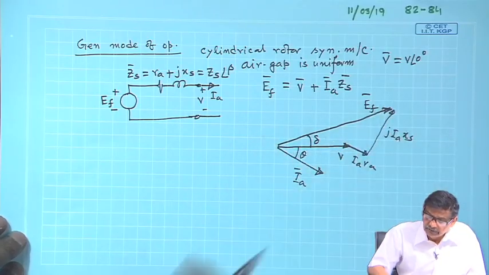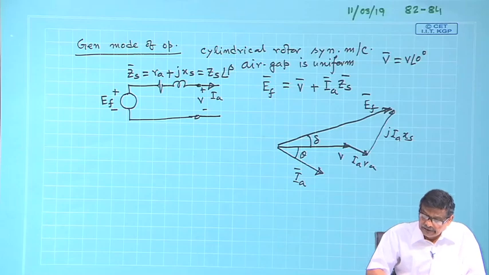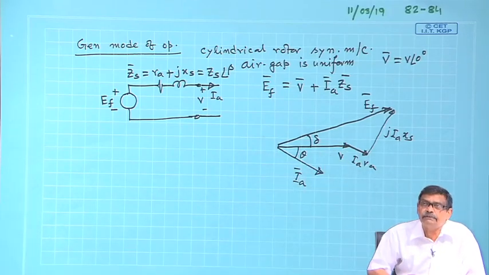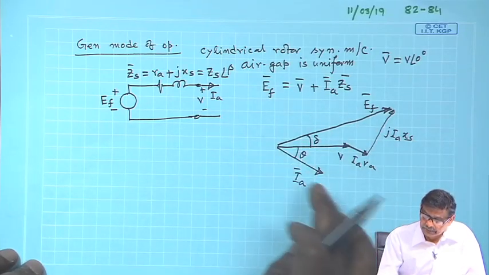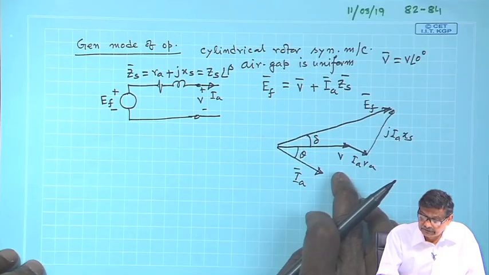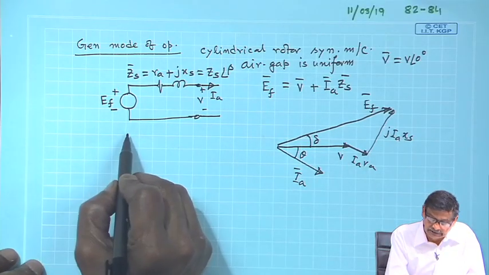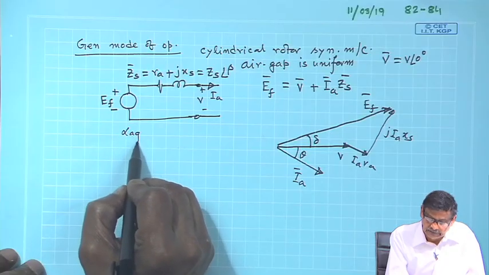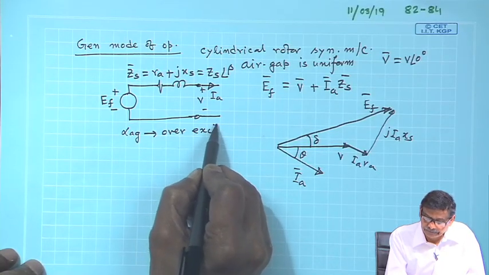The length of E f is a measure of the field excitation, and the length of V is a measure of approximately the resultant field. Therefore, this generator supplying a lagging power factor load is over excited.